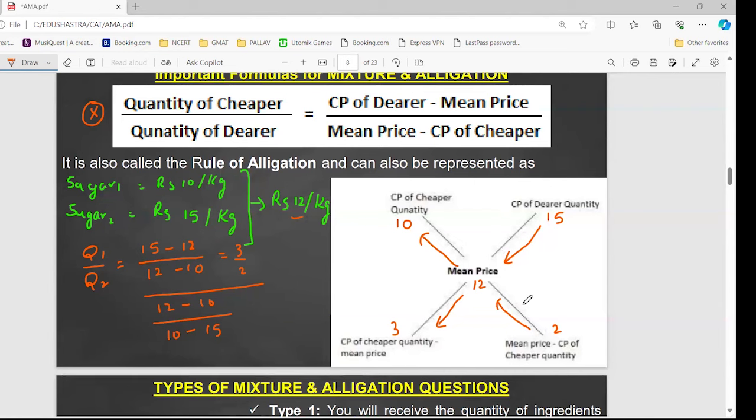From the bigger number, subtract the average value, and from the average value, subtract the smaller number. So sugar 1 is for the 3 part and sugar 2 is for the 2 part.